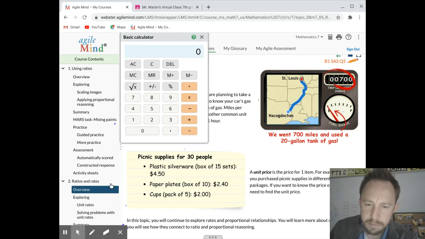And is that 15? Well, we're right here now. We're on the cups. $2. What am I doing with $2? And you multiply them. All right, if we multiply them, is that going to find the unit rate?